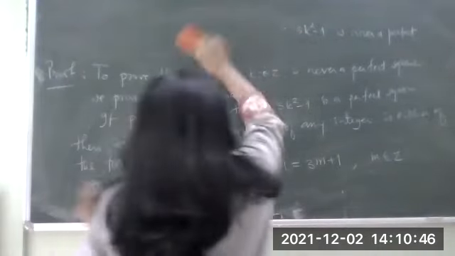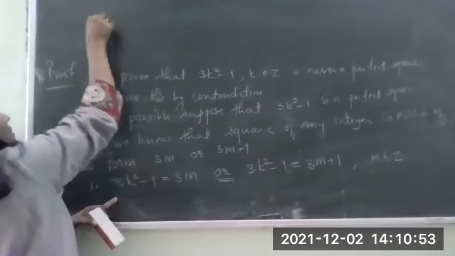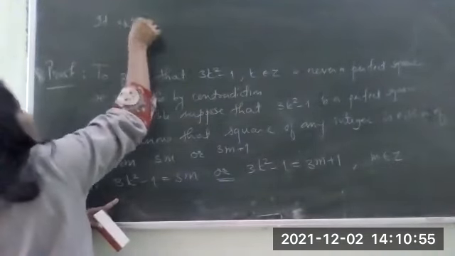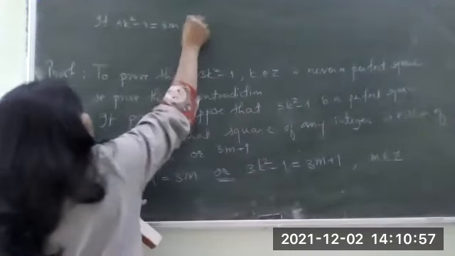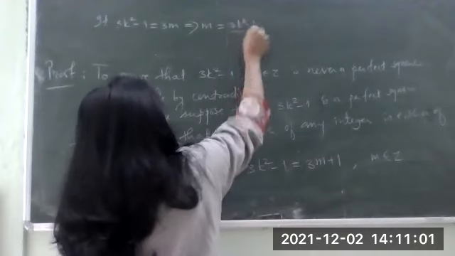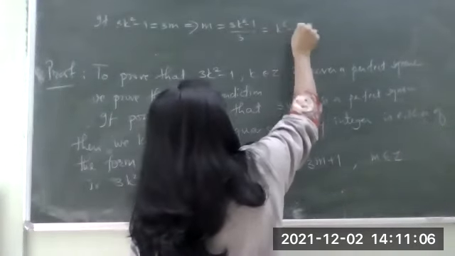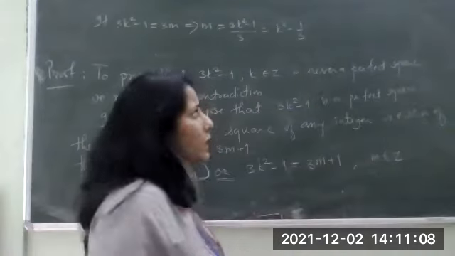Now we take first that 3k² − 1 is of this form. If 3k² − 1 is 3m, then m equals (3k² − 1)/3, or this is k² − 1/3, where k belongs to Z.